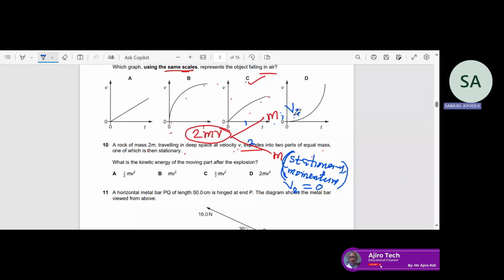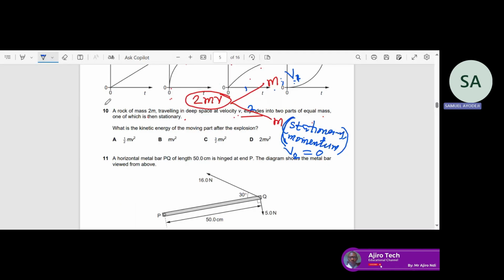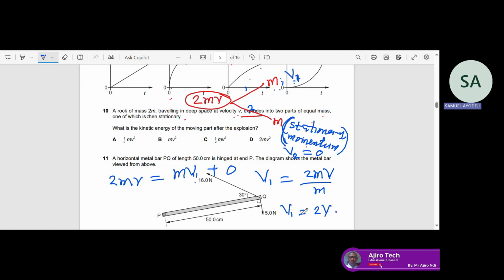The law says momentum before must equal momentum after. Momentum before is 2mv. Momentum after will give me m times v1 plus the momentum of this one, which is zero. So let me look for v1. My v1 is supposed to give me 2mv over m, so v1 is 2v. Now let's calculate kinetic energy.